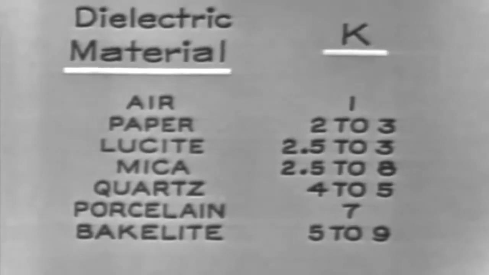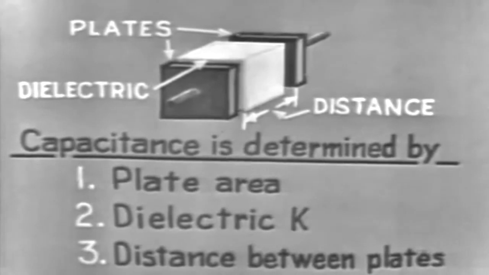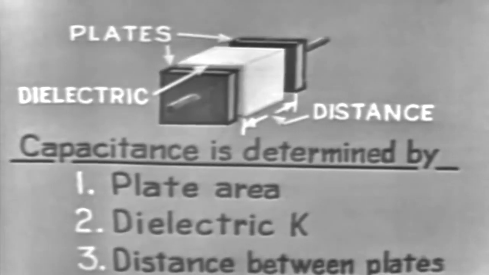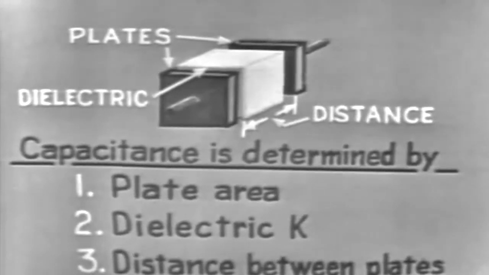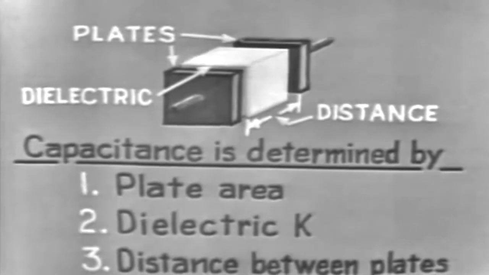The higher the K, the better the material insulates and the higher the capacitance. Remember the factors which affect capacitance and how they affect it. The factors are now dielectric K, plate area, and distance between plates.